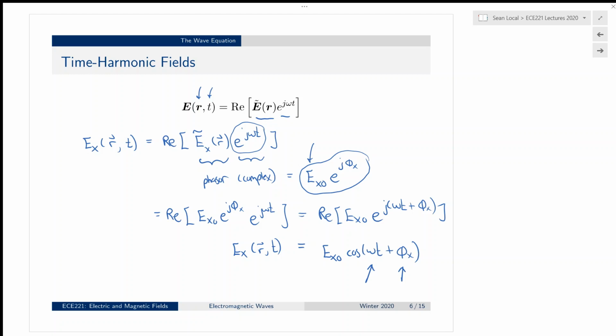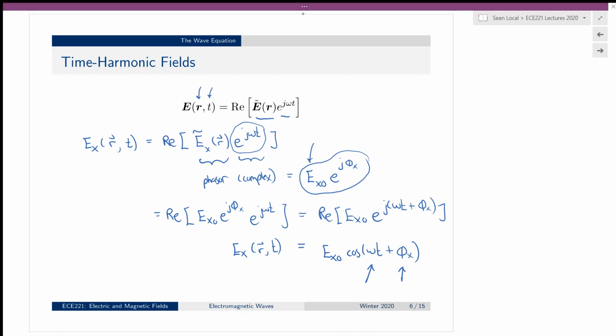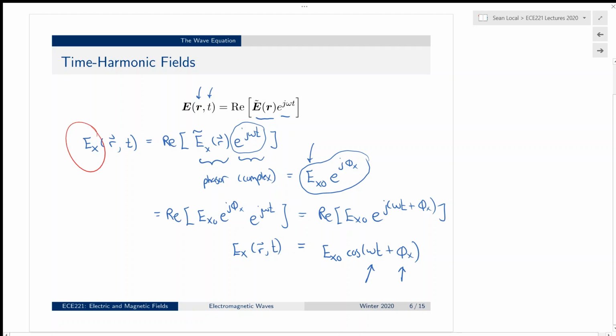So remember that this is just for one component of the electric field, the x component. This equation up above is actually three equations, right? One for Ex, one for Ey, and one for Ez. And you would have a separate phasor describing the spatial variation of Ex, Ey, and Ez.